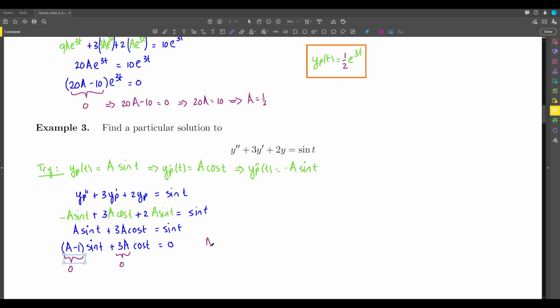So simultaneously, we have that a minus 1 has to equal 0, and at the same time 3a equals 0. Well, that's equivalent with a equals 1 and a equals 0. And that clearly is a contradiction.